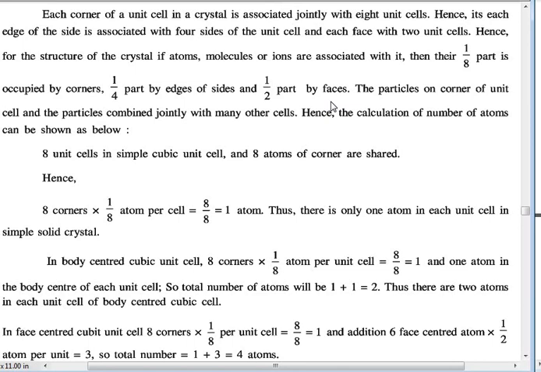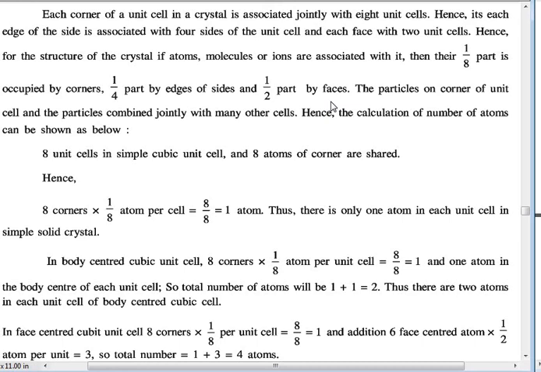Now after this discussion, let us revise this topic. Each corner of a unit cell in a crystal is associated jointly with 8 unit cells, each edge is associated with 4 unit cells, and each face with 2 unit cells.